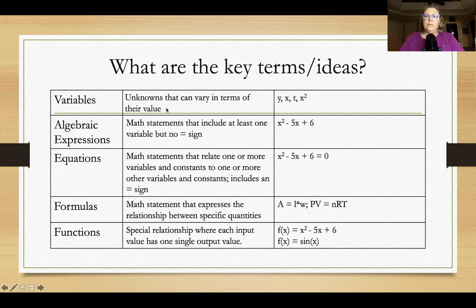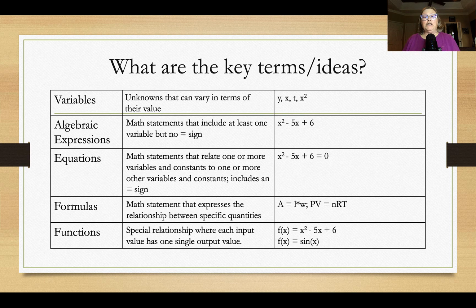Typically, when you have a y equals x kind of relationship, x is the independent variable and y is the dependent variable. Or if you think of it in terms of functions, x is your input, your function does something, and your output is y. All of those things are related to one another.